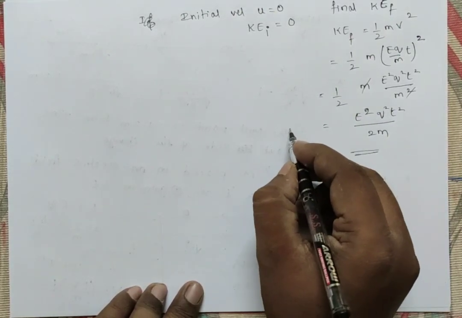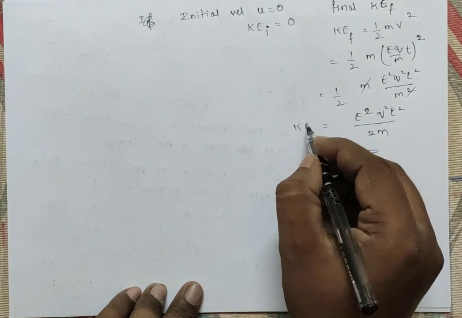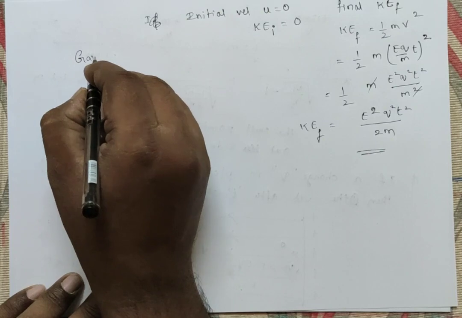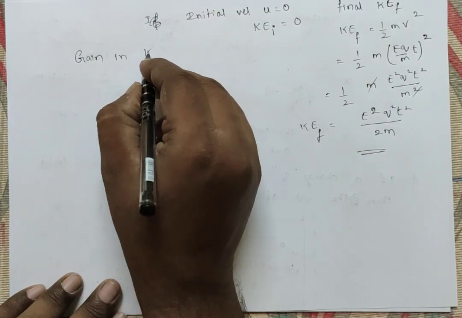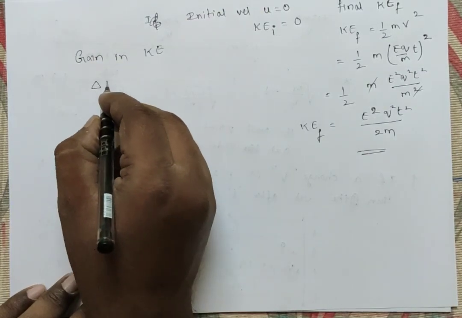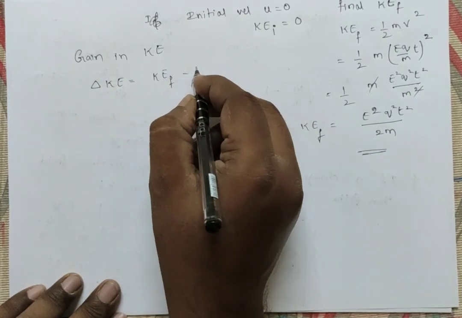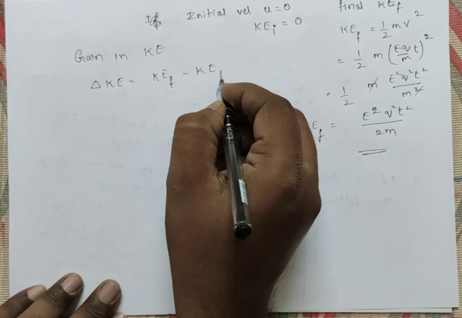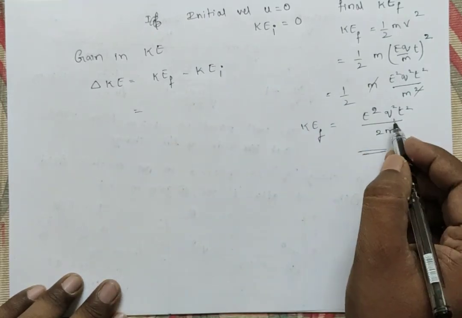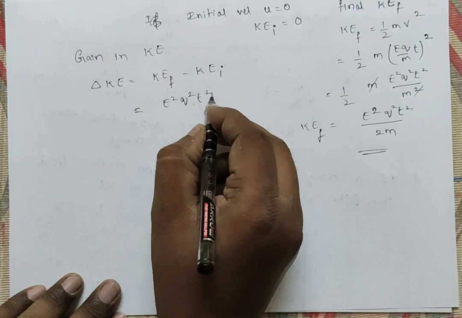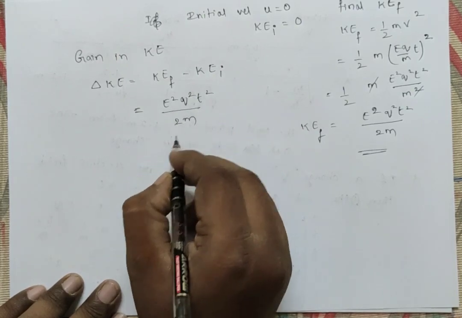So this is the final kinetic energy. Therefore the gain in kinetic energy, delta KE, is KEf minus initial kinetic energy, which is E square Q square t square by 2m.